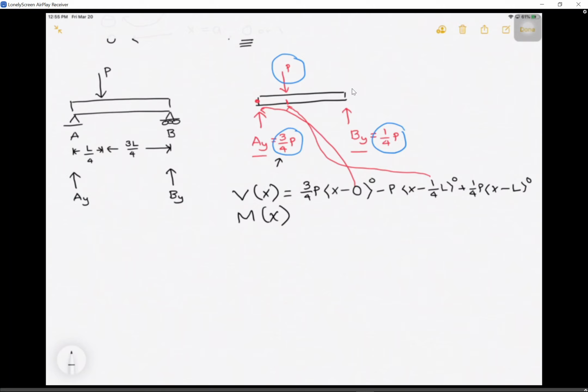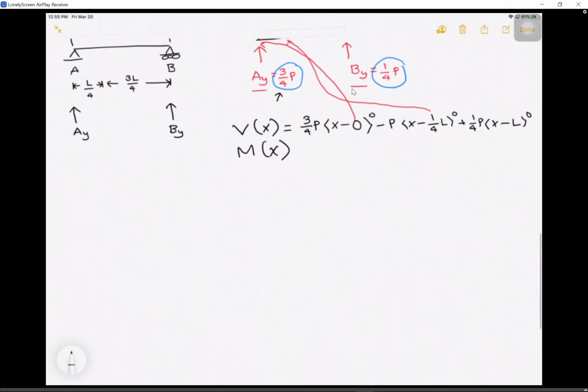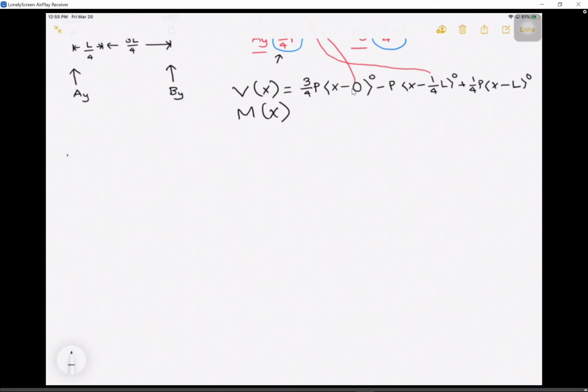How about if we're going to take our moment? So our mx, I'm just going to rewrite this one down here. Flip it up. So for your moment in terms of x, again, we have to look at forces or moment individually.